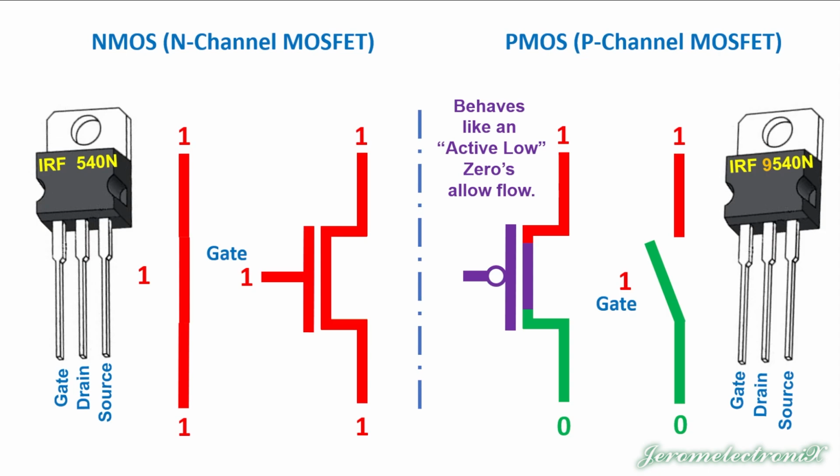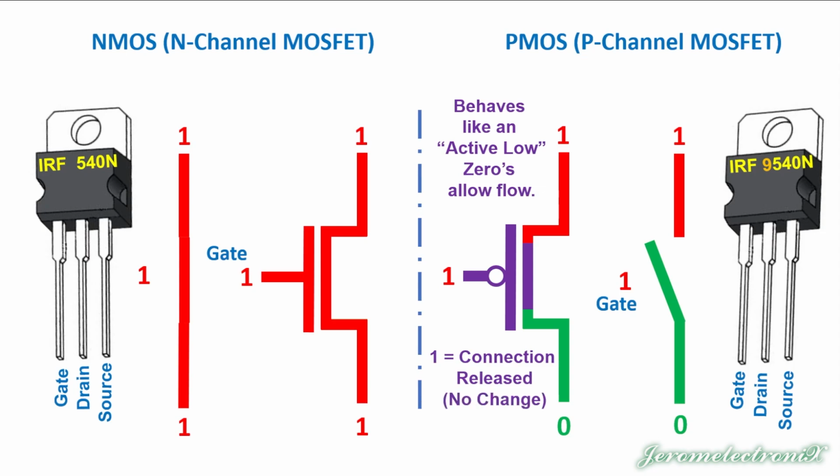If you remember, an active low means controlled by zeros, which this is, except that back in active low, when we talked about that, sometimes the digit that caused things to happen, the opposite digit did nothing. And that's where this kind of breaks from active high and active low. In this case, the opposite digit does something. It either enables or prevents the flow of voltage from source to drain.